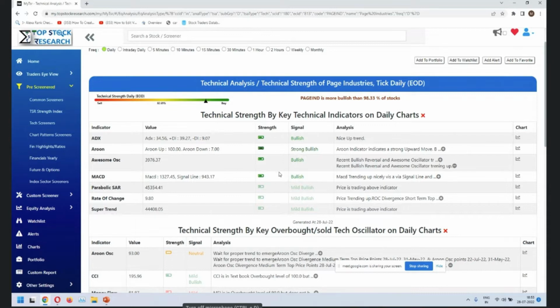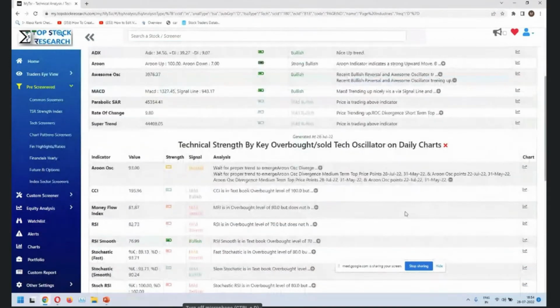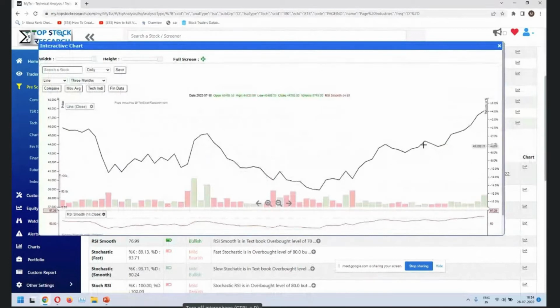So let's say if you are a person who looks only at MACD, when you click here, the charts are pre-created for you with MACDs, right? Similarly, you can look at other things that you may be interested in. For example, if you're looking at RSI Smooth, you click there, and you'll find that RSI Smooth is here.